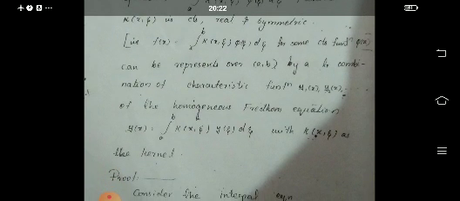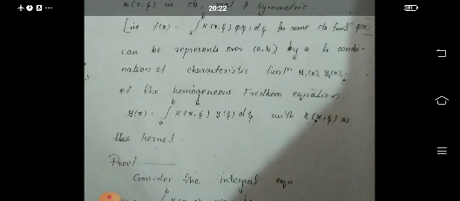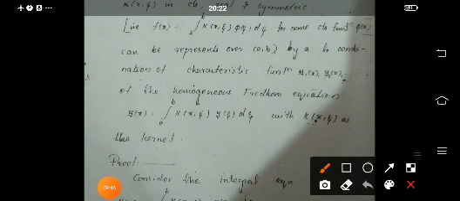That is, f of x equals integral a to b k of x, theta, phi of theta d theta, for some continuous function. The homogeneous Fredholm equation becomes y of x equals integral a to b k of x, theta, y of theta d theta, with k of x, theta being the kernel.